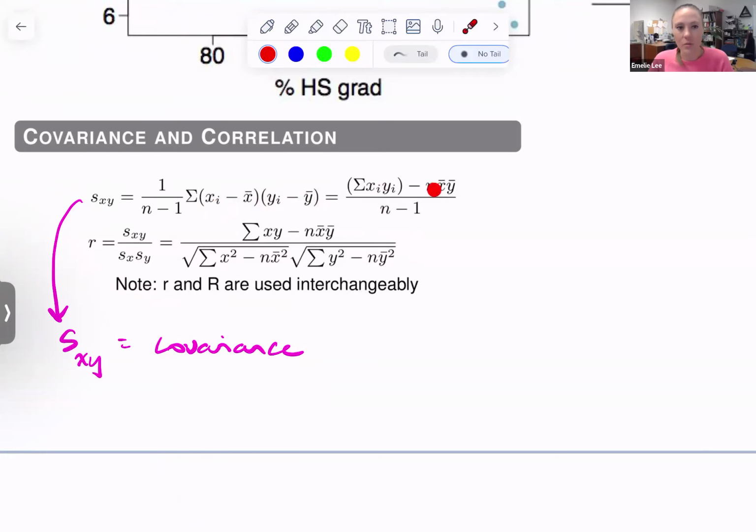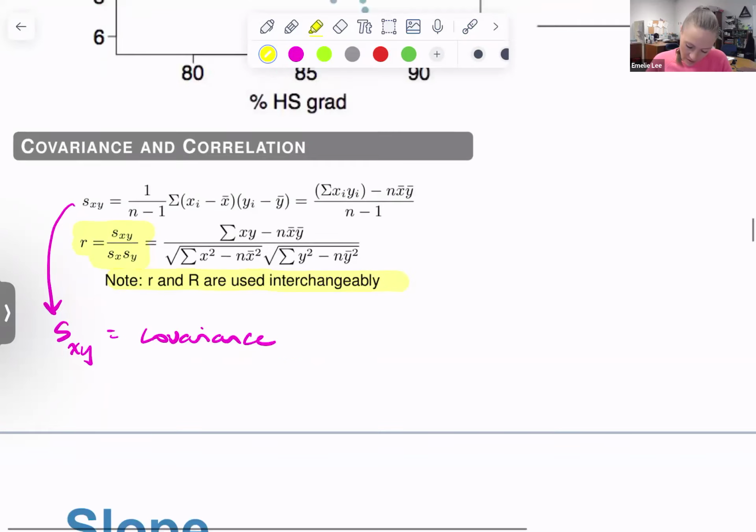Here's an alternate way that you can calculate it. You don't need to worry about that because there's a covariance command in Excel, so you're fine. There's also a correlation command, but this is maybe the version of finding the correlation that I would get you to use, okay? Of course, there is this bigger formula, but you can just ignore it. And capital R, lowercase r, they're used interchangeably, and I use the lowercase r.